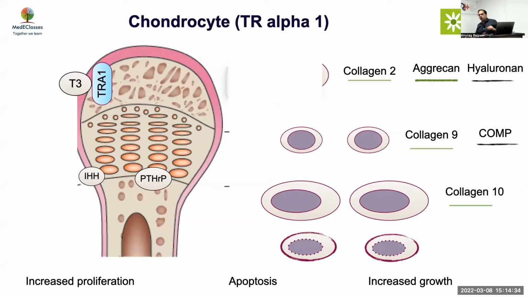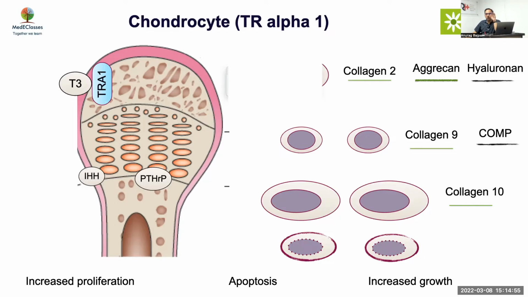Now, Dr. Manoj, what will happen with hypothyroidism to the growth plate? In hypothyroidism, as we have discussed, chondrocyte growth will be less, and growth hormone secretion will be less. So there is ultimately growth retardation.